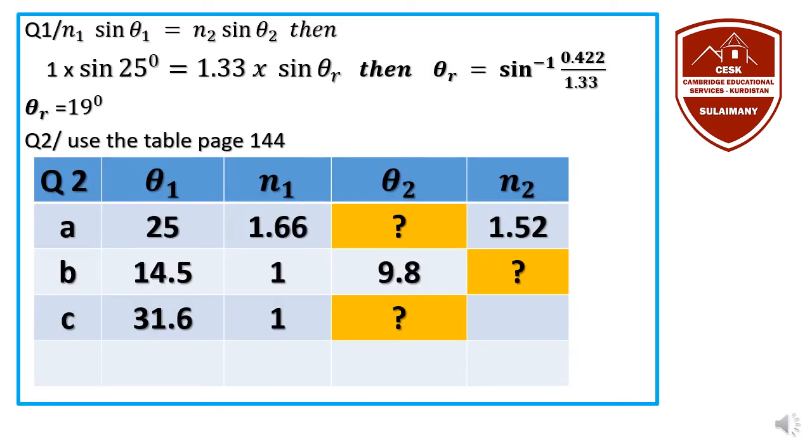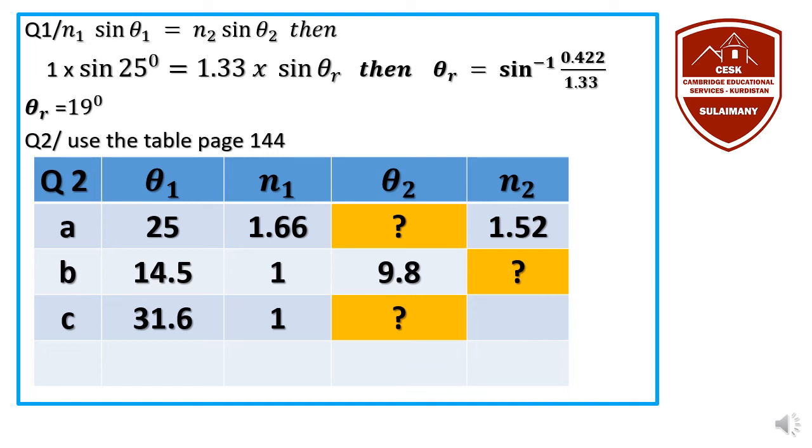This is question 2. Use the table, page 144. Why? Because sometimes we need N1 or N2. Okay. With the first row here, you have 25.